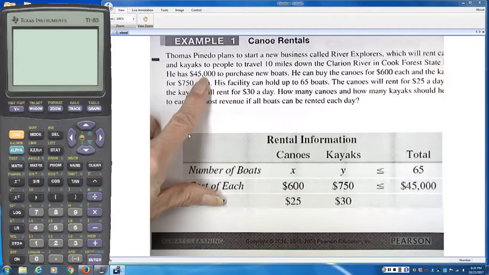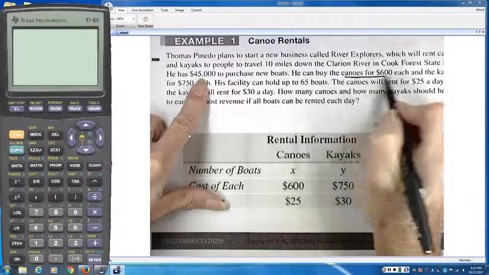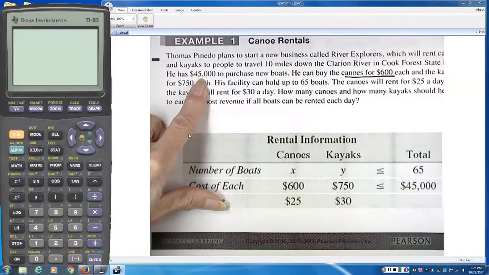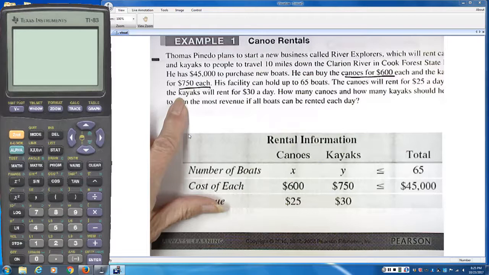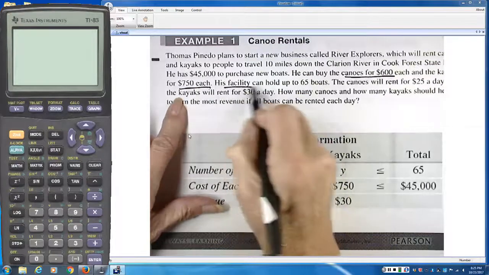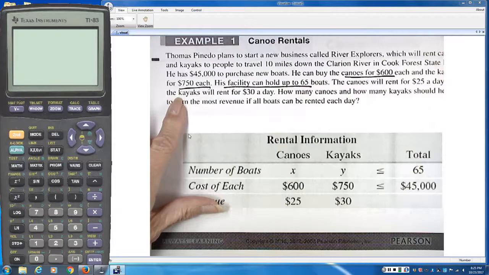We do know, and we are interested in, that he has $45,000 to purchase boats. We also know that canoes cost $600 each. And kayaks cost $750 each. And we know that he has a dock that'll hold up to 65 boats.